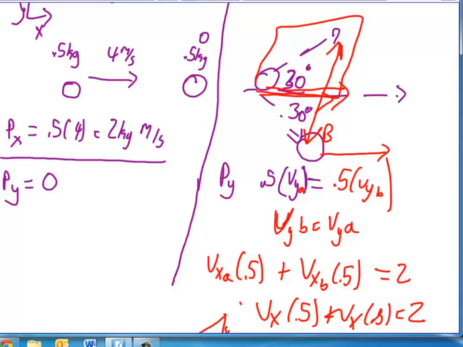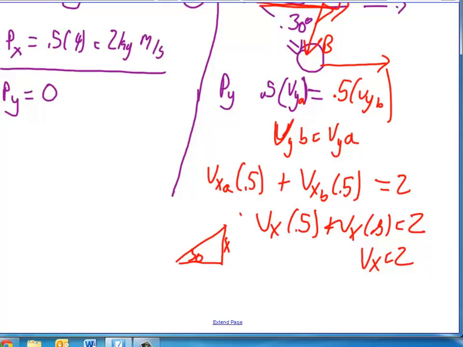Now I can actually figure out how fast they're moving. I just use my triangle. I know this is 2 meters per second, and I know that this is 30 degrees, and I want to know what this side of the triangle is, or if I just wanted the total, I could go with this side.